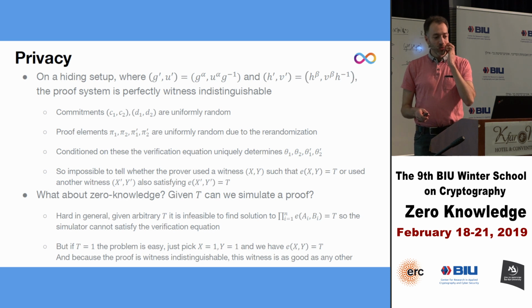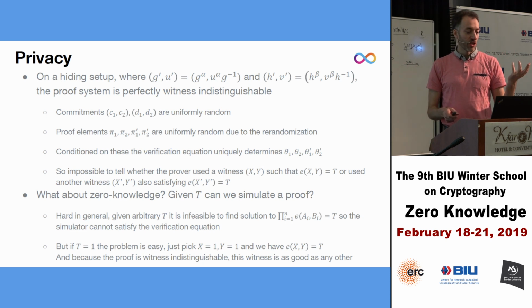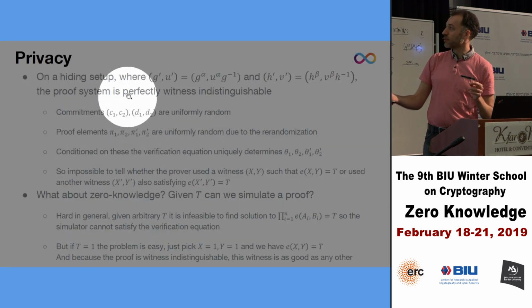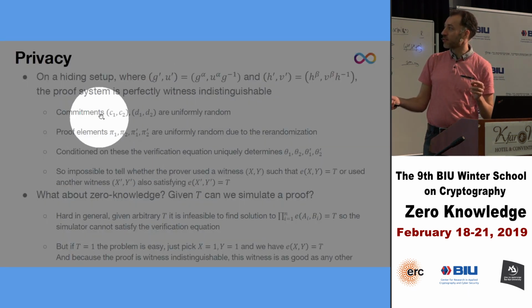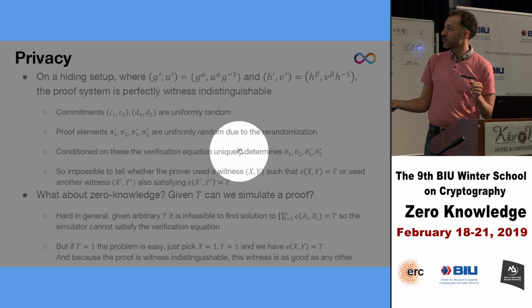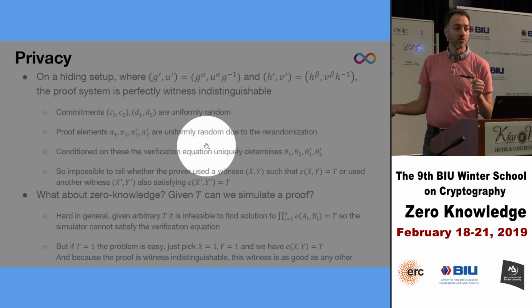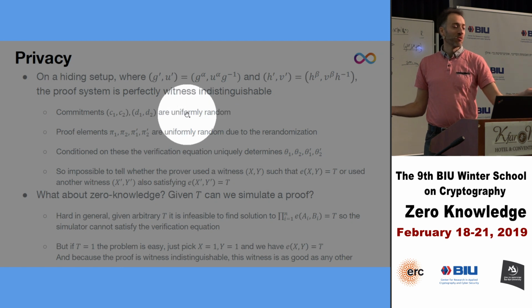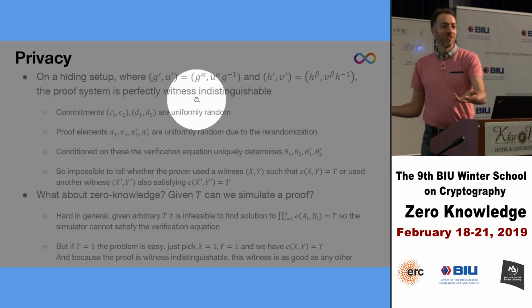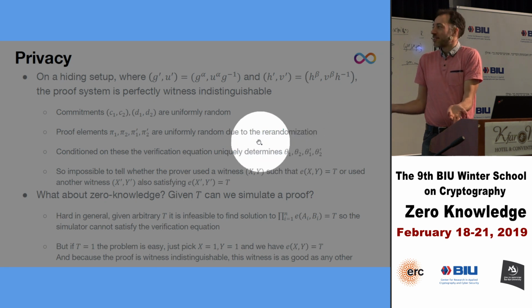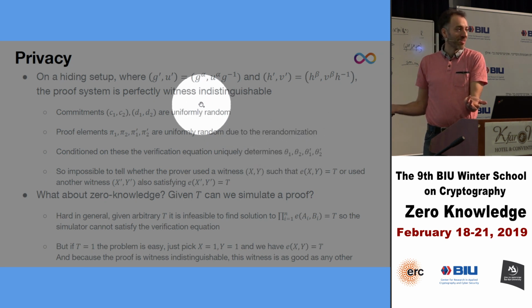Okay, and now it turns out, if you look at the verification equation, that if you condition on the group elements that contain the commitments and these proof elements here, then the verification equation actually uniquely determines the rest of the proof, right? So regardless of whether it was one witness or another witness the prover had used to construct it, you would still get the same zetas.